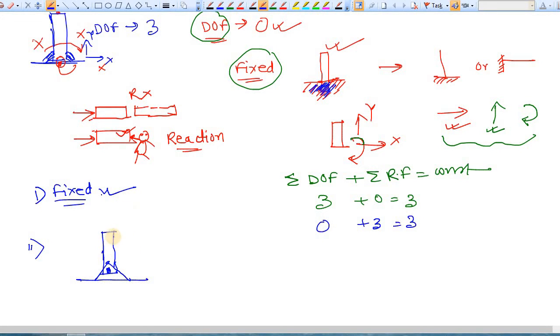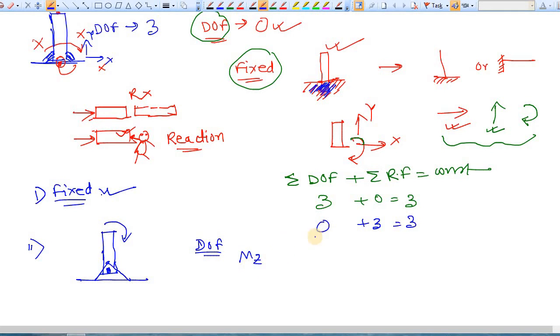What will happen? Simply it will be able to rotate about this pin. So if we talk about degree of freedom, we have 1 degree of freedom, which is the movement or rotation about z, which is allowed.